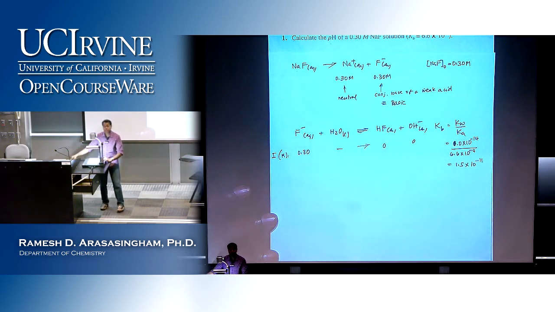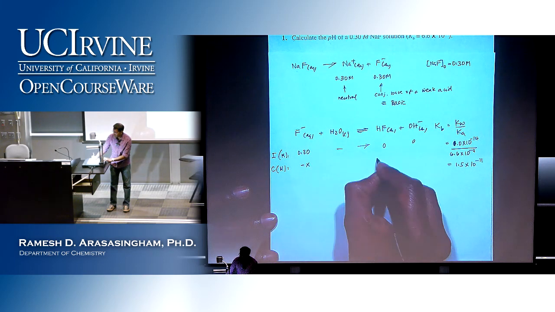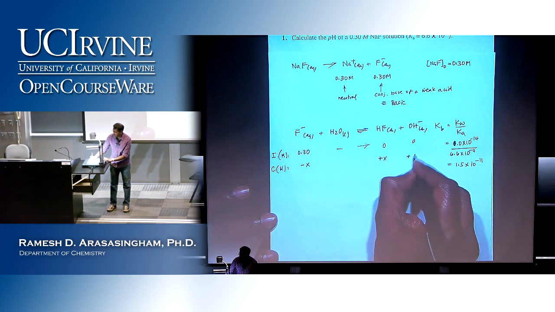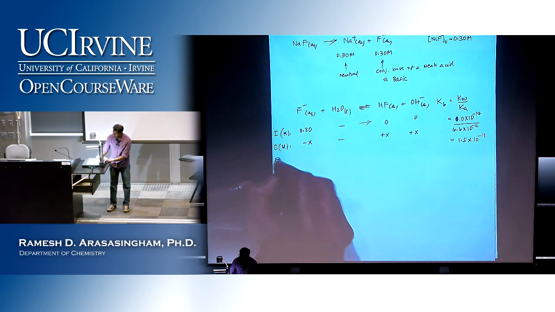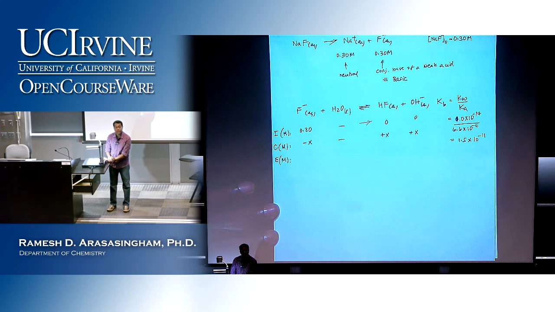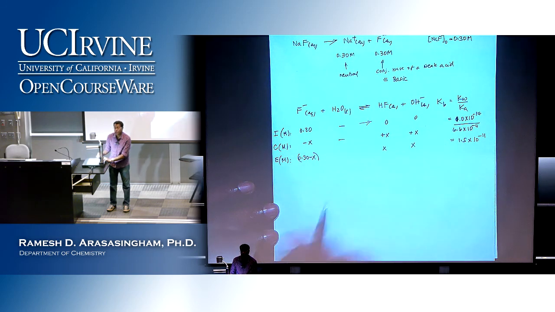So we know the reaction is going to proceed in that direction to establish equilibrium. So if I want to look at the change in terms of molarity, this would be negative X, plus X, plus X. We're not concerned about water. Okay? Therefore, at equilibrium, if I want to look at the molarity, this would be 0.30 minus X. This would be X, X.